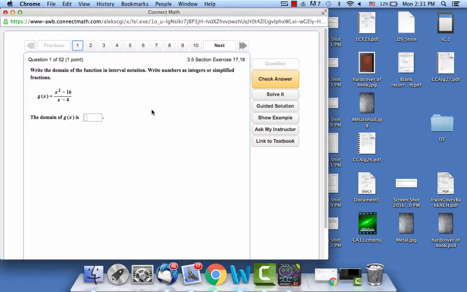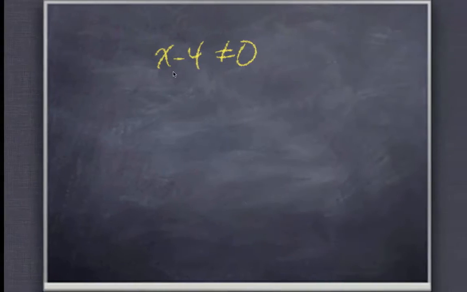Now let's get to some of these. We want the domain of this function. Domain is going to always be determined by the denominator because the numerator I can plug in anything I want. So the only thing it can't be, in interval notation, is 4. So x minus 4 cannot be 0 because x minus 4 is the denominator.